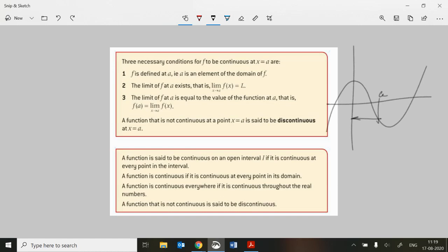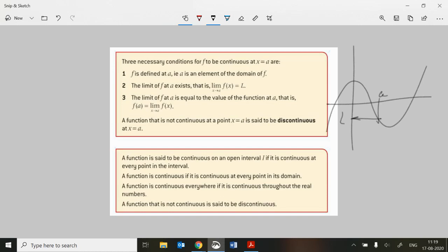Now the second point says that the limit of f at a exists. Remember the limit is defined to be from both directions. So as we're tending to a from this direction, we should say that the limit of f of x from both directions is the same value. In this case, they're talking about L, the value which is coming out.